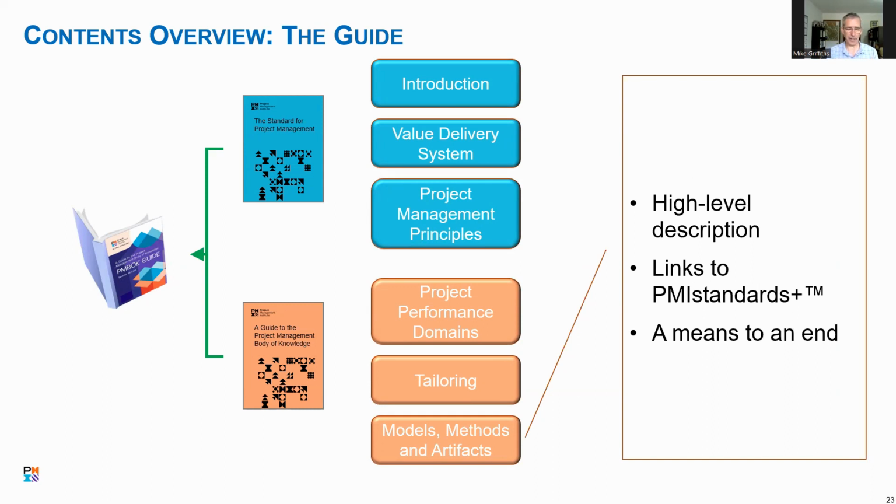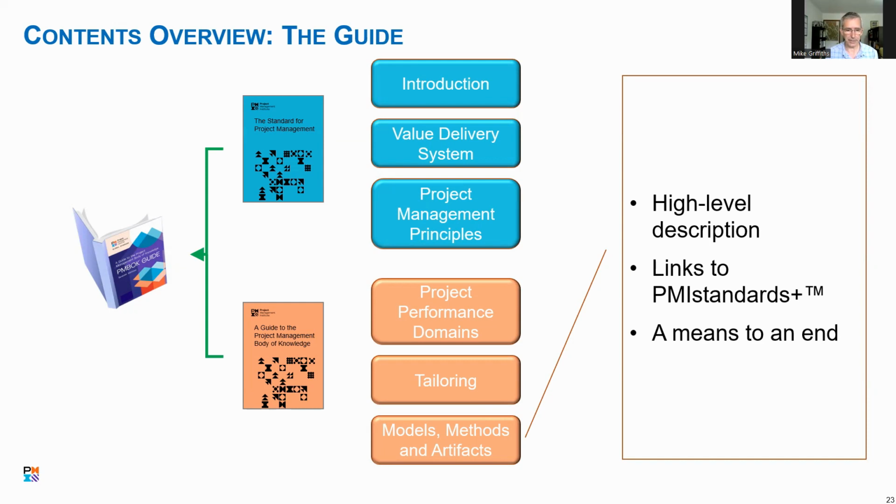And it links out to this product called PMI Standards Plus, as it's called here, which is a fairly new electronic platform where we can share not only information and guidance as text, such as PDFs, but also video and examples, so you can download an Excel spreadsheet version of something, or a Microsoft Project plan, or go watch a video about something, right?